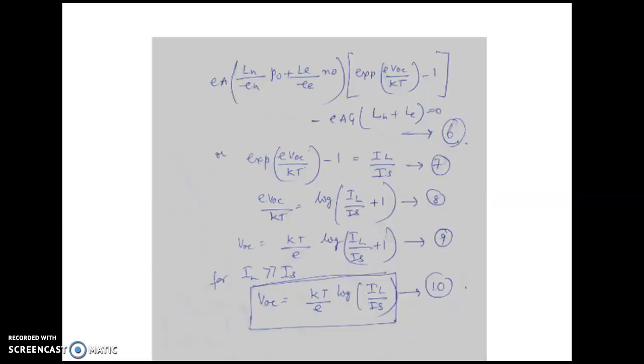This is the sixth equation, with the exponential term exp(eVoc/kT) - 1, and from the sixth we will get the seventh equation. On simplification you get the eighth, and we can find the open circuit voltage. When IL is very much greater than IS, we get Voc equal to this.